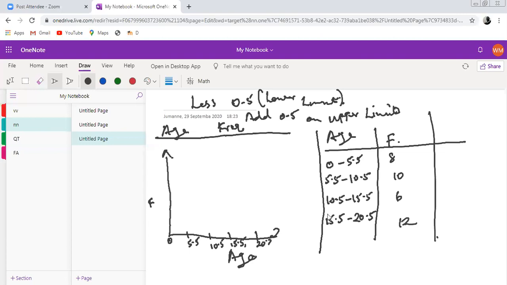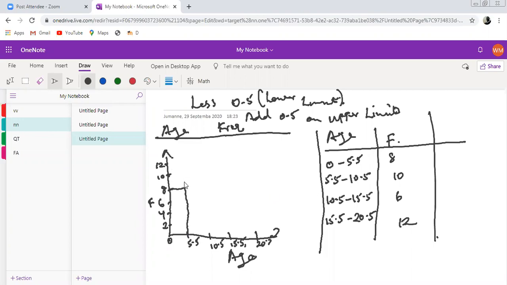So if we come here, we can write it. Maybe we can have a scale of 2. We go to 4, 6, 8, 10, and then we have our 12 there. So from 0 to 5.5, the height is 8. From 5.5 to 10.5, the height is 10.